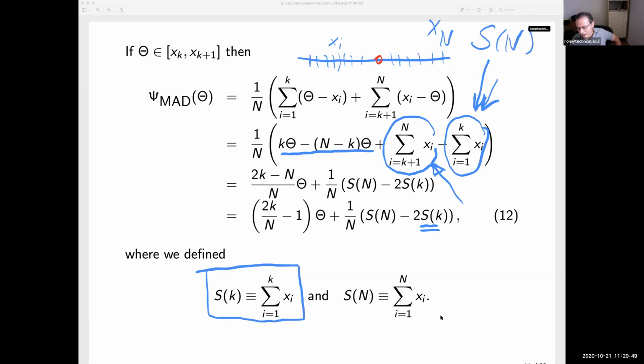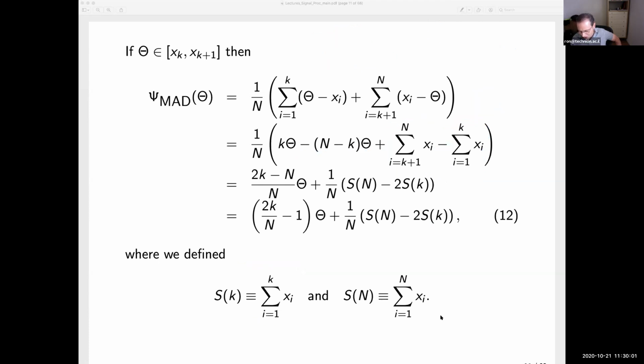And from my Sn, I can subtract all the numbers which are smaller, the k numbers, which is nothing but Sk. Okay, so what I have on the right here, let me get rid of that. What I get on the right here is nothing but this term. It would be the sum over all the numbers, and I'm subtracting Sk, and I'm subtracting it twice. Okay, and again, this is a constant number.